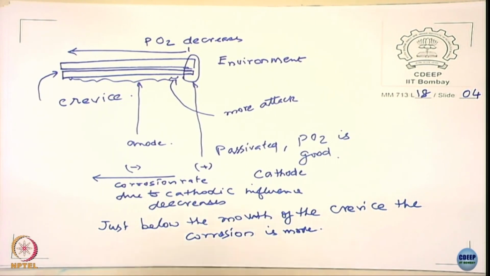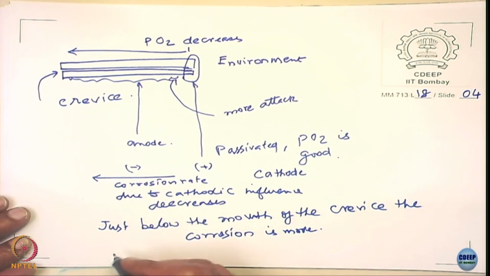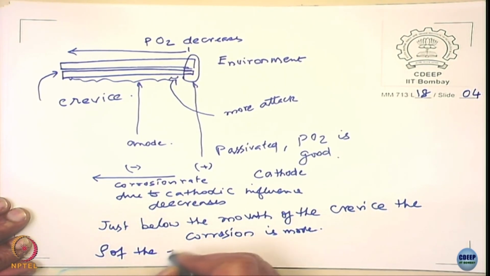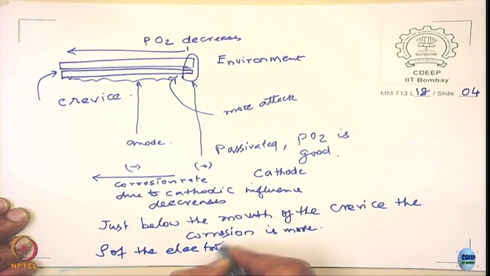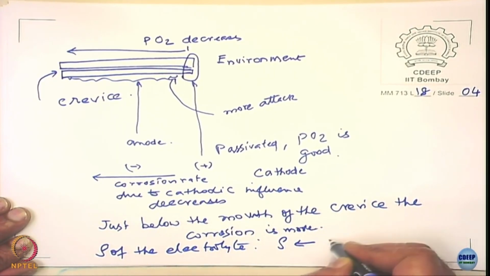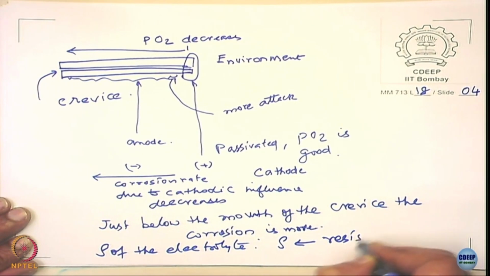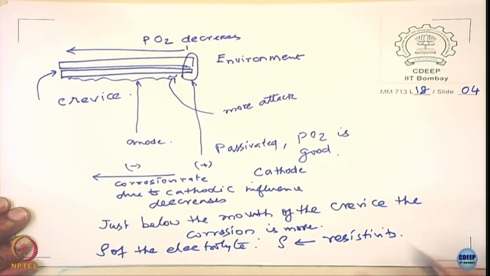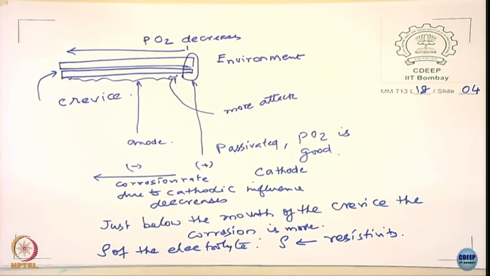Now that depends upon what? That depends upon the resistivity of the electrolyte. What is rho? Rho is equal to the resistivity of the electrolyte. It's a very interesting one, you know. If the resistivity is 0, then also there will be no crevice corrosion.